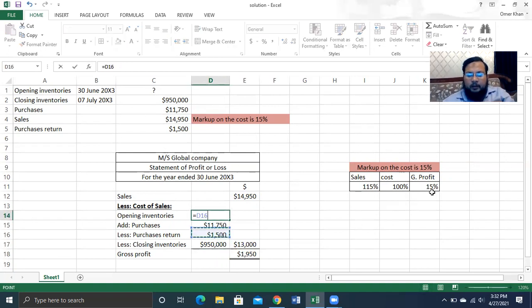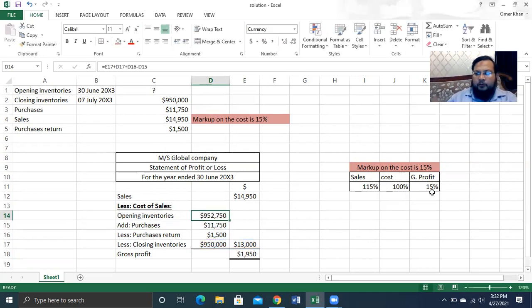You will take the cost and add the closing inventory, because during the normal calculation we subtract the closing inventory, and in this case we are going upward, following the reverse order technique, so we will reverse all the treatments. So we will add closing inventory, we will also add the purchases return, we will subtract the purchases, and that is how we arrive at opening inventory.